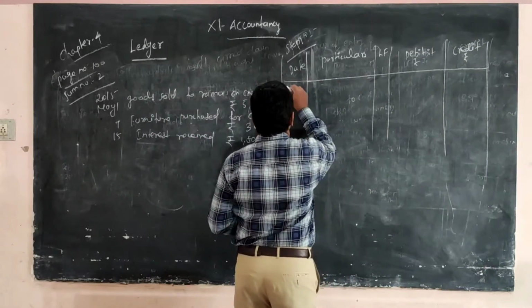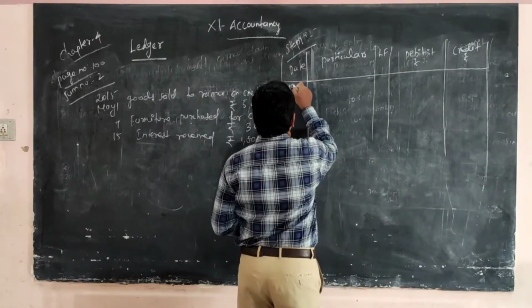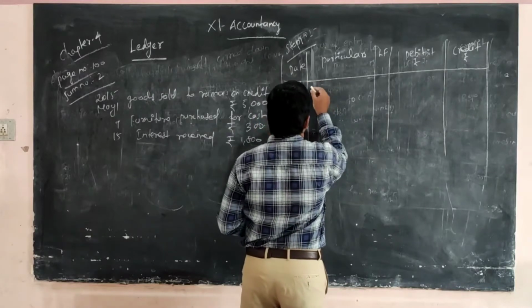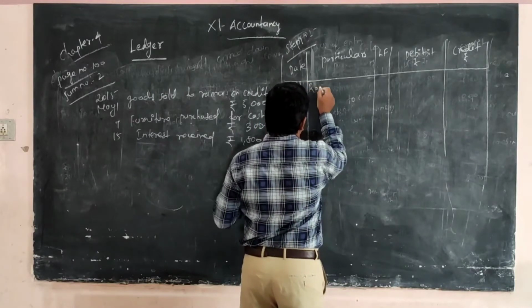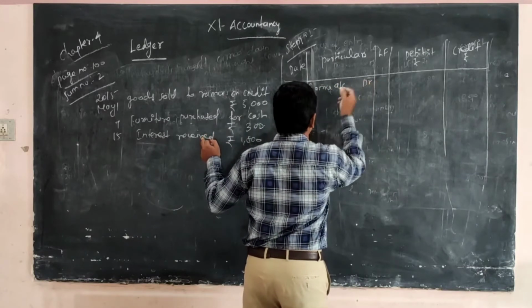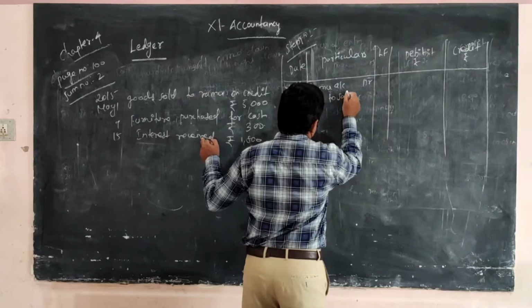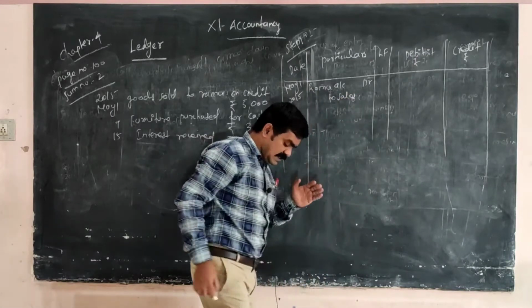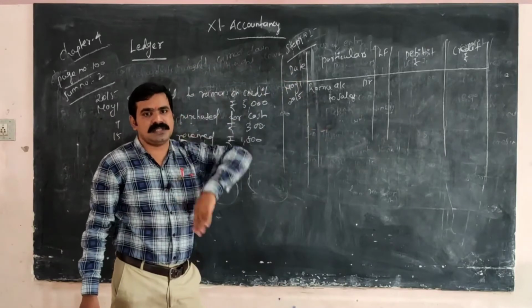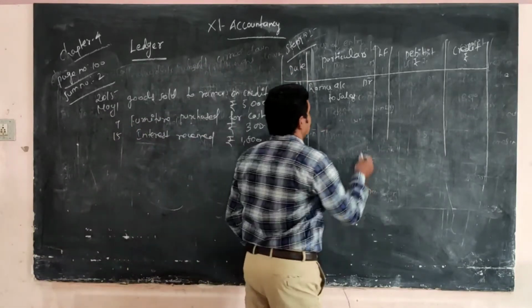So the first entry, May 1, 2015: Ramu, this is a credit transaction, that's why you mention Ramu to sales account. Purchase account always comes under the debit side, sales account always comes under the credit side.